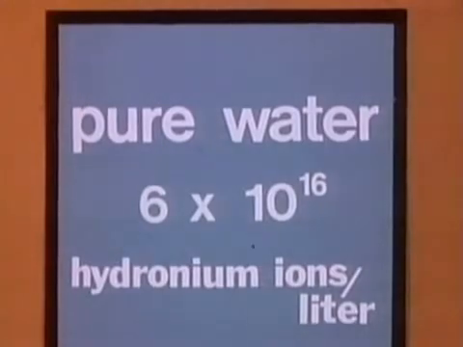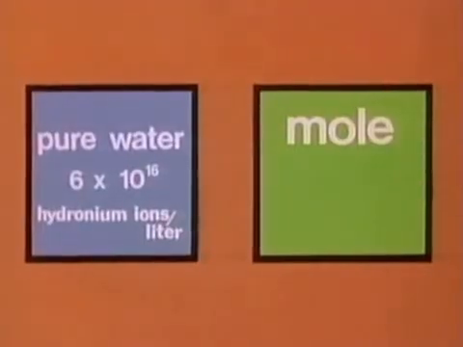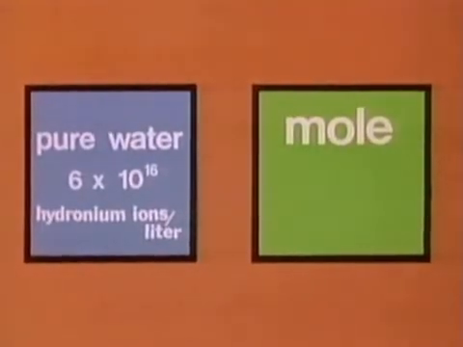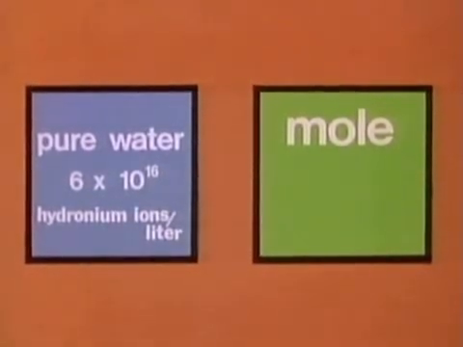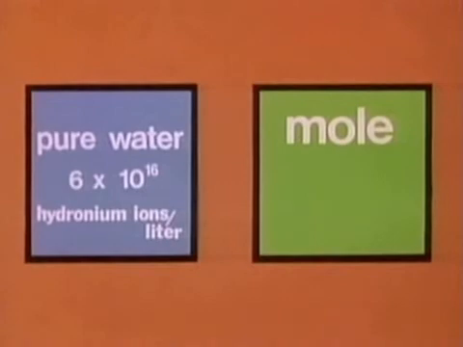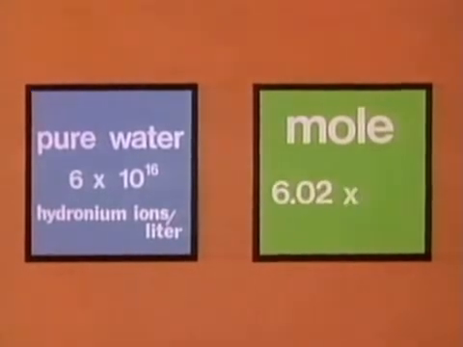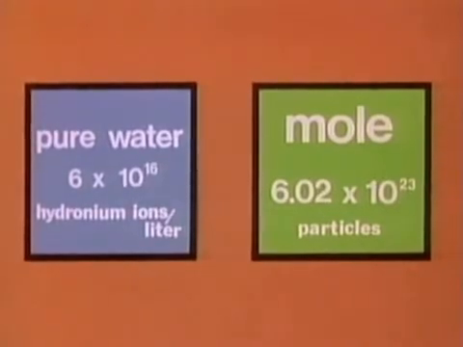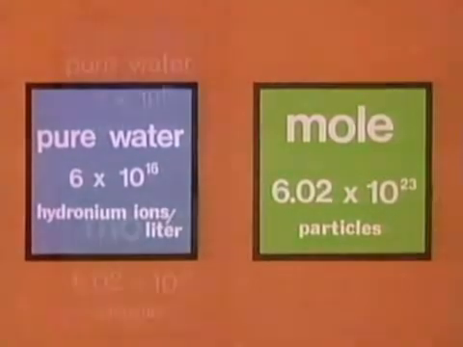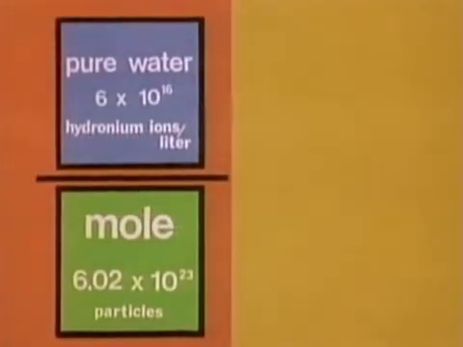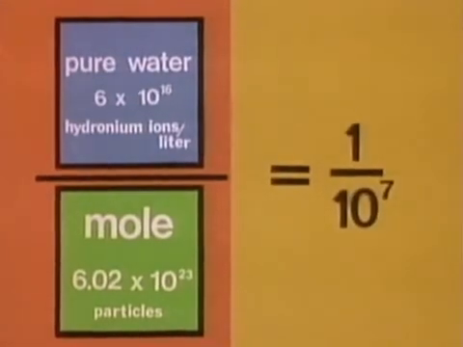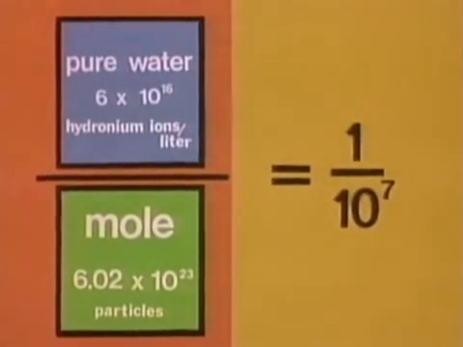To give this number some relative meaning chemically, we can compare it with the mole, a standard number of particles, molecules, atoms, or ions in a liter of solution. In a mole, there are 6.02 times 10 to the 23rd particles. Simple division shows that pure water contains about this fraction of a mole, 1 over 10 to the 7th.